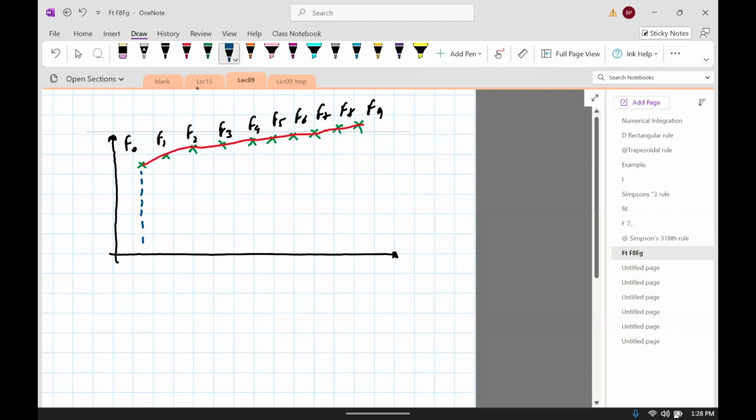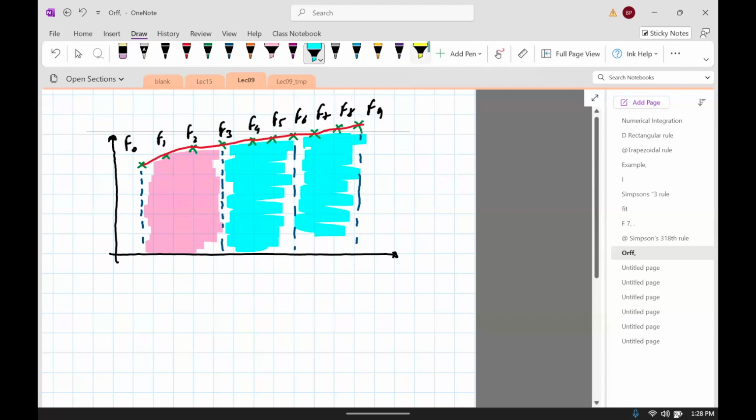So remember, if you take 4 points at a time, 1, 2, 3, 4, this will be our first region. Our second region. Third region. Okay, and then the formula will look like this: 3/8 delta x.